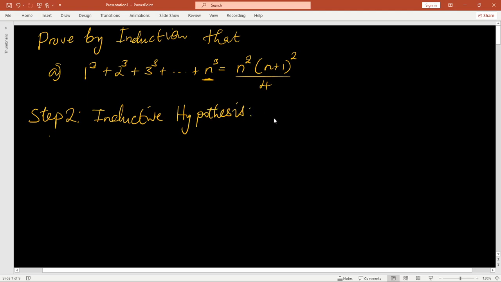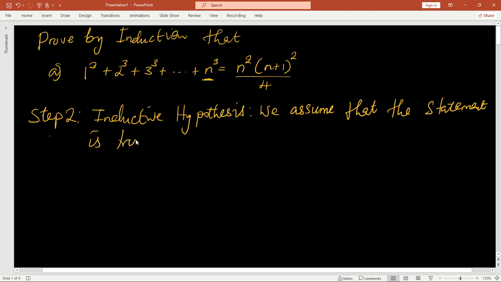Under the inductive hypothesis here, we make an assumption where we assume that this statement that we have is true for n equals k. So here we say we assume that the statement is true for n equal to k. The only thing that we're going to do under the inductive hypothesis is substitute k where there's n in the expression that we have above.